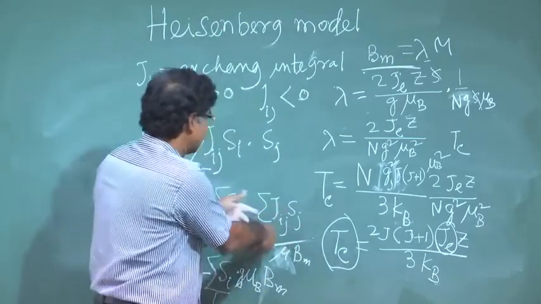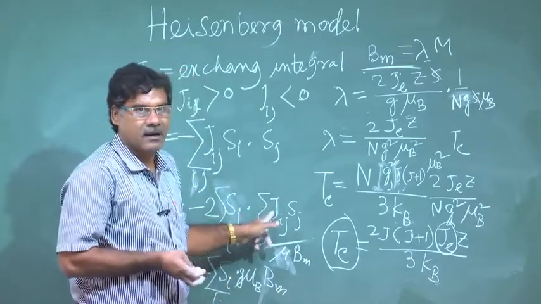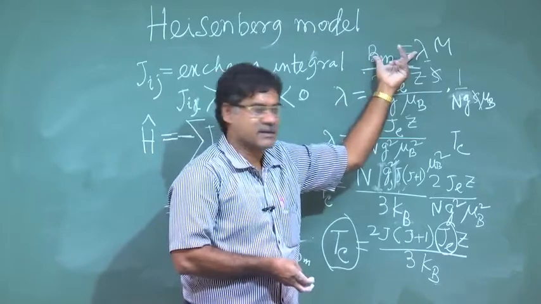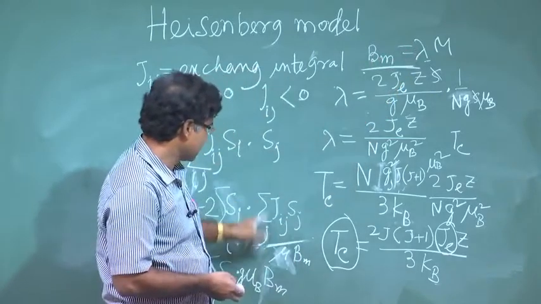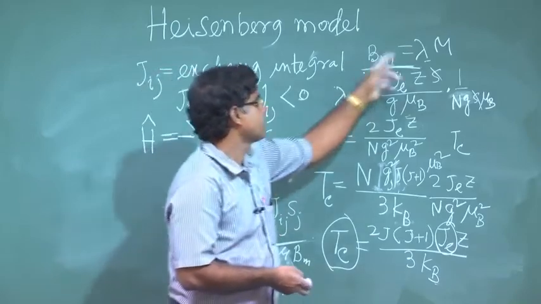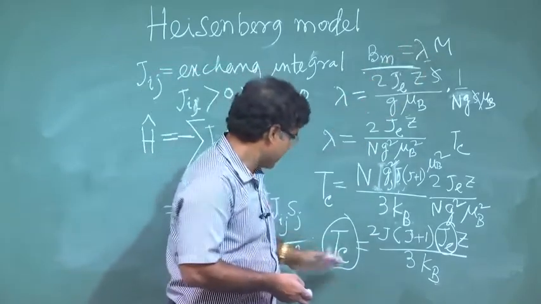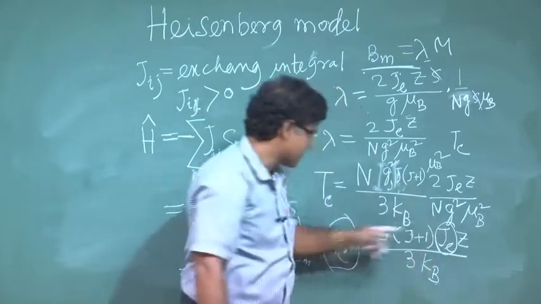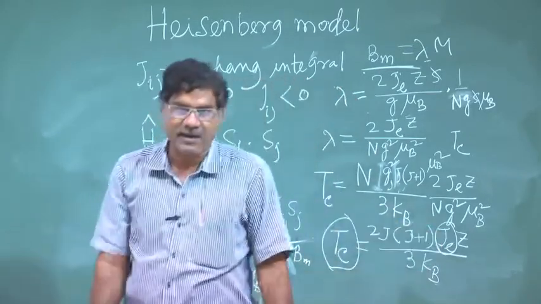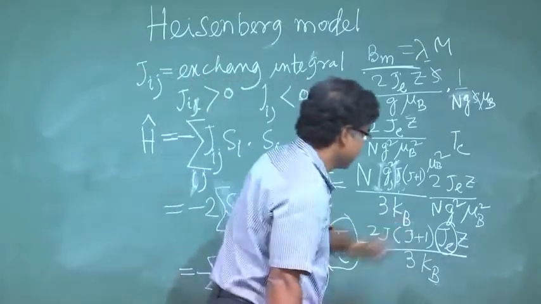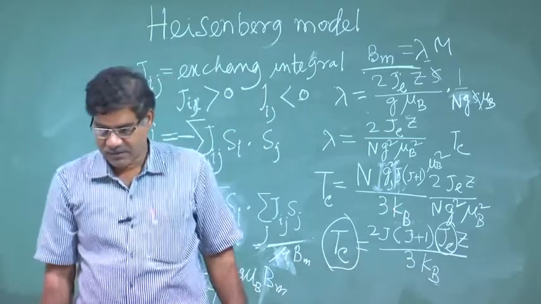So, this is expressed in terms of exchange interaction, whereas here it is dipole interaction. So, that exchange energy constant J and this lambda are connected, and that connection we have shown, and Tc also can be written in terms of the exchange integral, exchange energy constant.